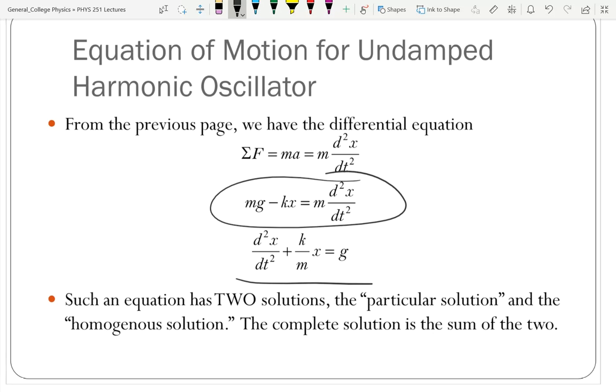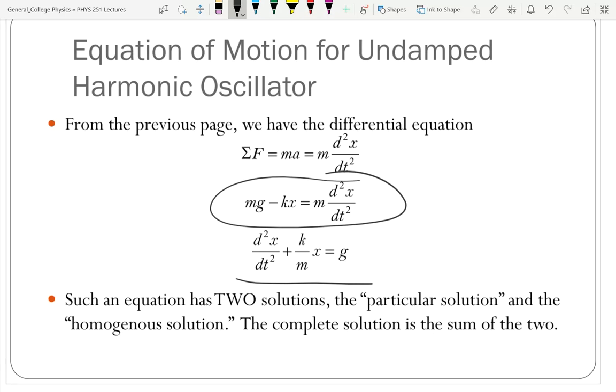Just like when you have a quadratic, x equals negative b plus or minus square root of b squared minus 4ac all over 2a. We always try to make it so that a is 1. It just makes it easier because you divide by 2 instead of over 2 times something. Same thing here. So that's why it's divided by m.